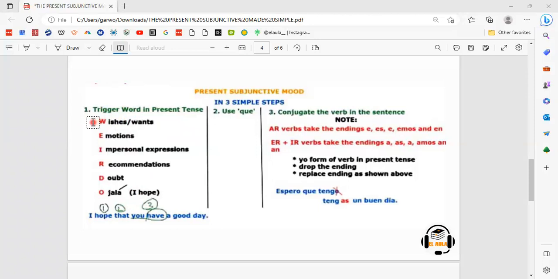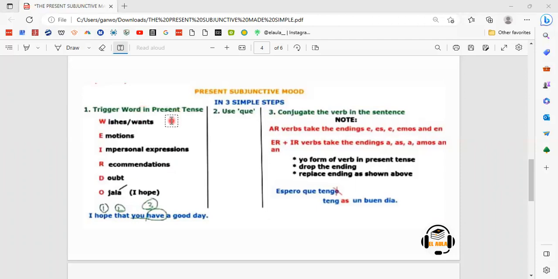Now, usually these trigger words are summarized into an acronym popularly known as WEIRDO, right? So wishes or wants, emotions, impersonal expressions, recommendations, doubt, and ojalá, which is another way of saying I hope.